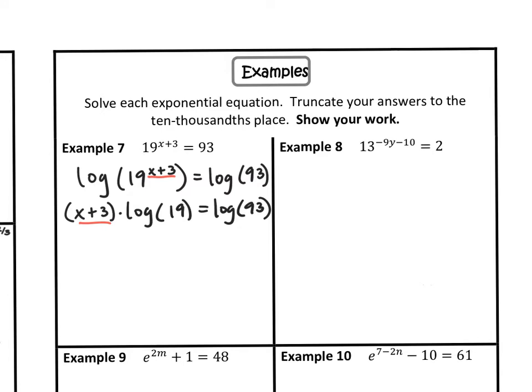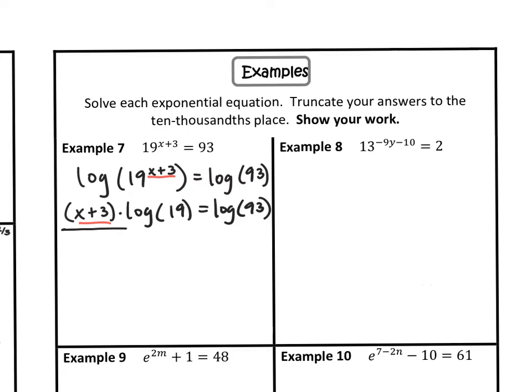And so the next step is to isolate the variable. Isolate x, get x by itself. So what's happening between this parentheses and this log? What operation is happening? They're multiplying. So the opposite of multiplication is division.